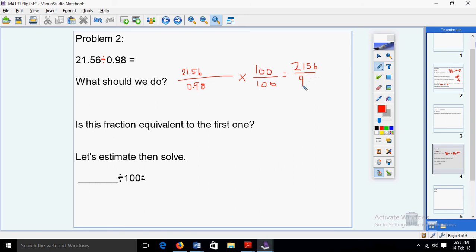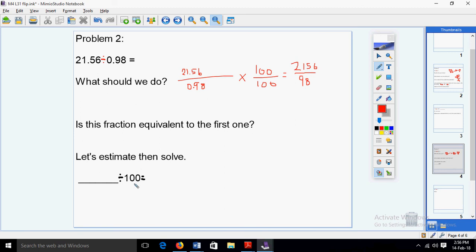Now remember, you need to first estimate. So we want to figure out where our answer is going to be. However, let's go ahead. I'm going to turn 98 into 100. It's close to 100, okay? So what number that's close to 2,156 will be easily divisible by 100? Well, let's see.